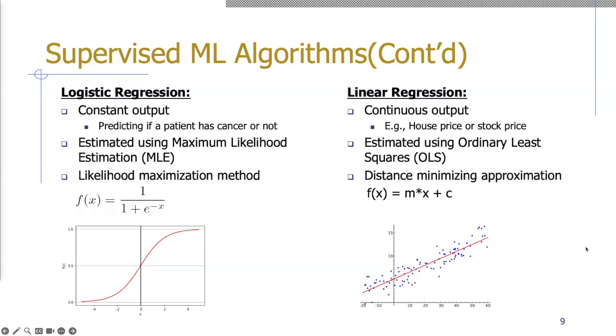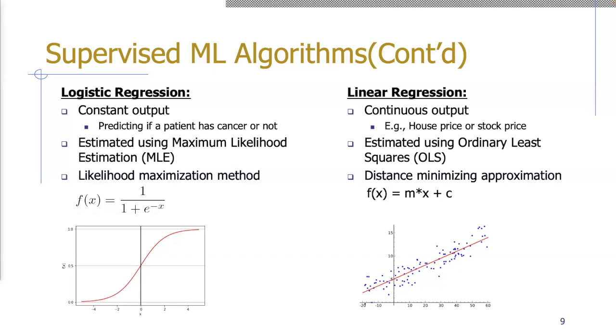So you see an S shape in the logistic regression. That's the sigmoid function, also called the logistic function, that can take any real valued number and map it into a value between 0 and 1.